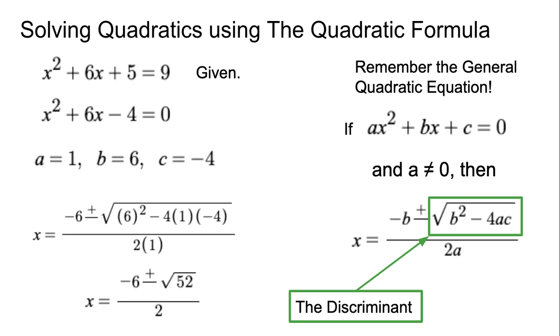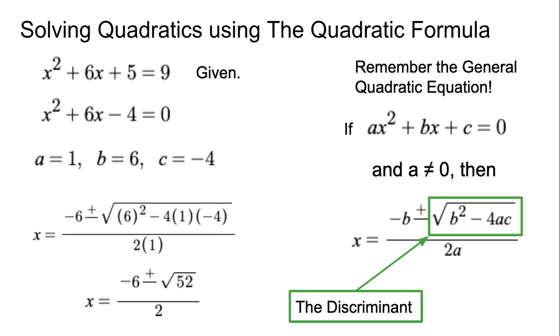Also, if the discriminant equals 0, well, the square root of 0 is 0, and if we added or subtracted 0 from a number, it wouldn't change that number. So if the discriminant is equal to 0, our original quadratic that we were given is a perfect square.